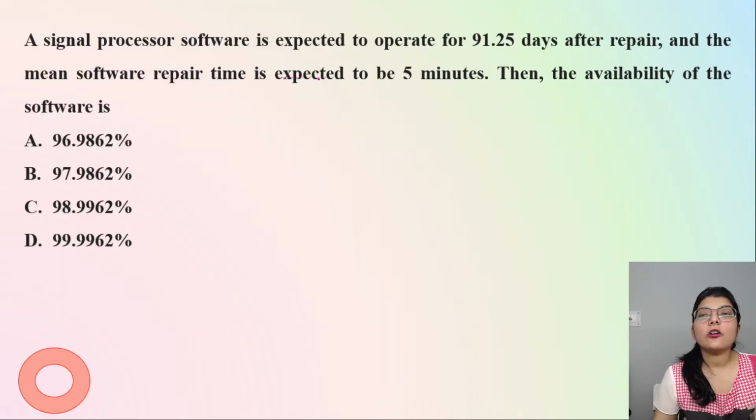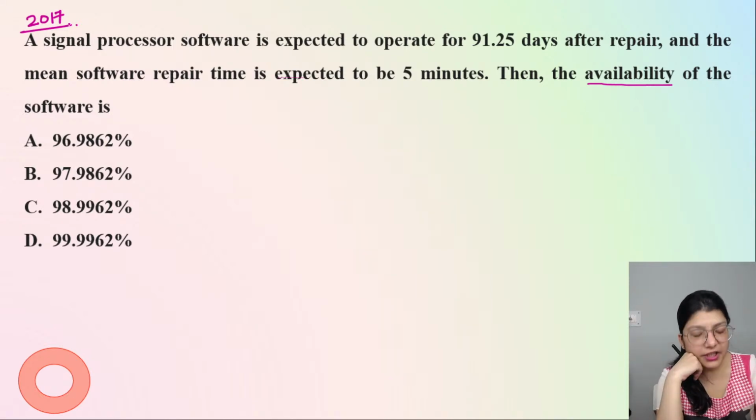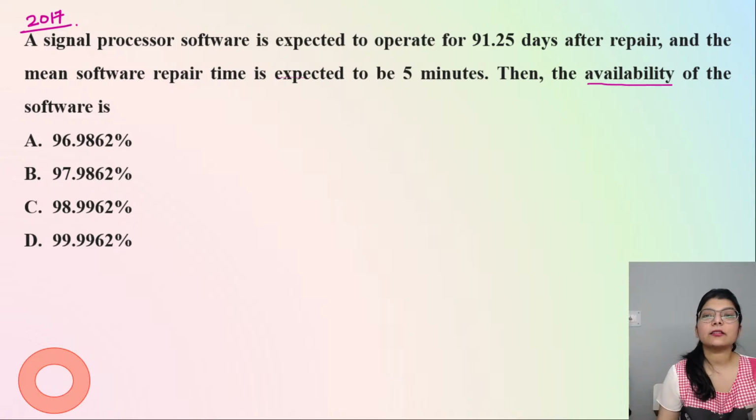Now this is a question on availability. This question was asked in 2017 and a similar question was asked in, I guess, 2018 or so. I don't remember the exact year. So now try to do this question and then we will discuss the concept behind it.